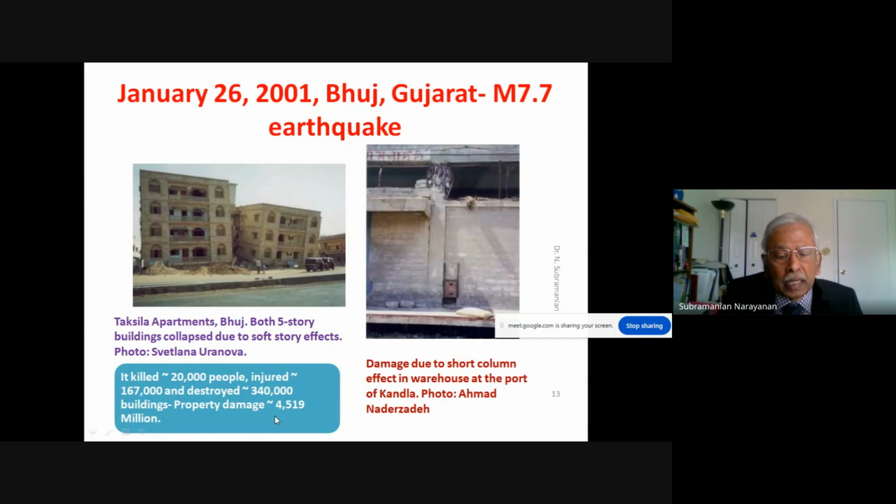And property damage was estimated as 4,519 million rupees. So this shows the collapse of 5-story buildings, collapse due to soft story effects. This shows the short column effect of a warehouse in the port of Kandla.